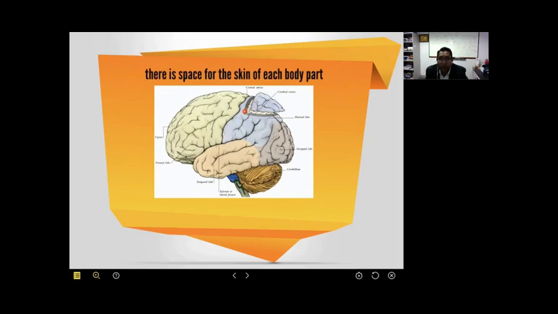In such a way that there is space for the skin of each and every body part. So there is a place for the hand, a place for the finger, a place for your neck, a place for your ear, a place for the knee, a place for your leg. All the body parts have specific areas to sense information specific to the skin.